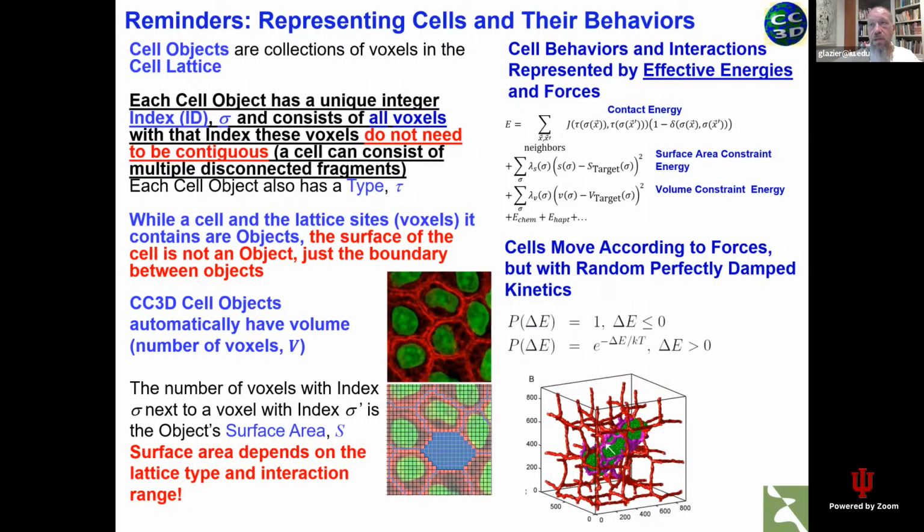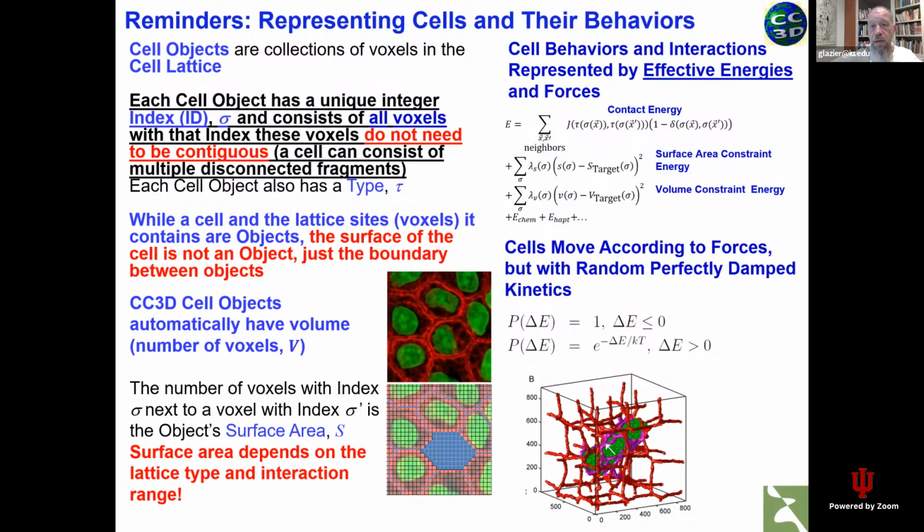Every cell object has a unique index, cell ID, sigma, and it consists of all of the voxels which have that ID that live in the cell lattice. Those voxels don't need to be contiguous. You can have a single cell that's broken up into multiple components or fragments. And every cell by default has a type T, tau, which we use a lot.